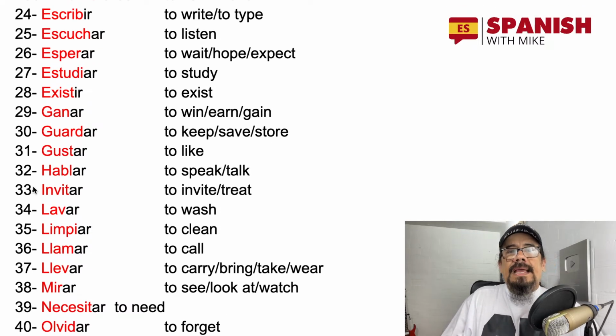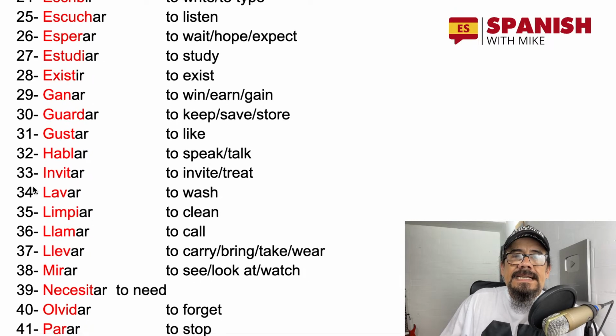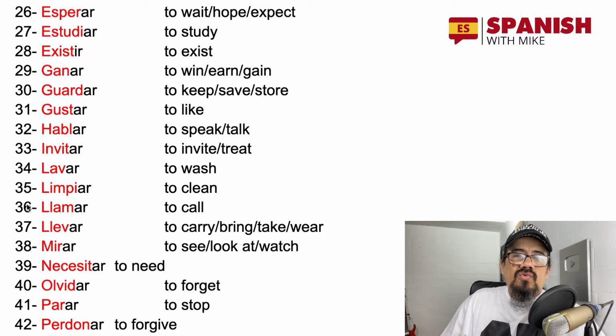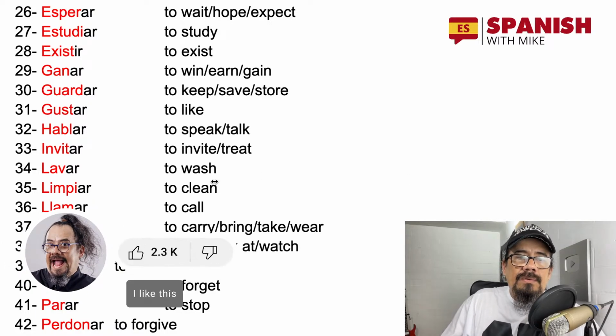Number 24, escribir, and sin ir, escribiendo. Number 25, escuchar, escuchando. Number 26, esperar, esperando. Number 27, estudiar, estudiando.